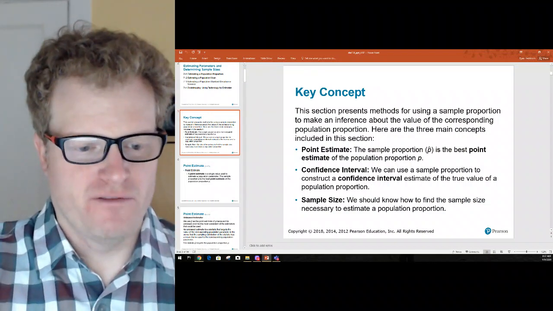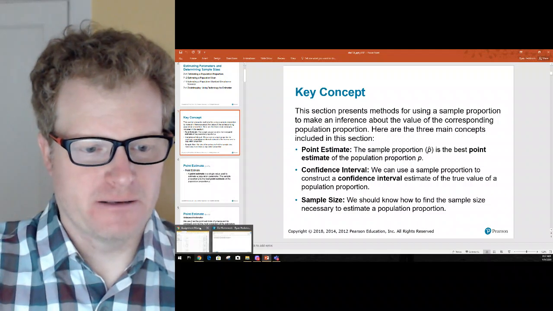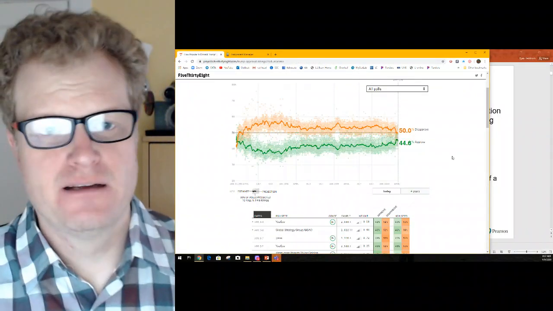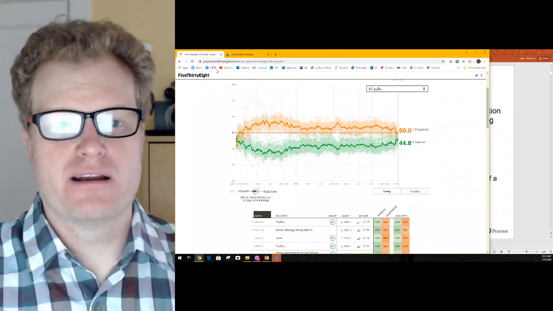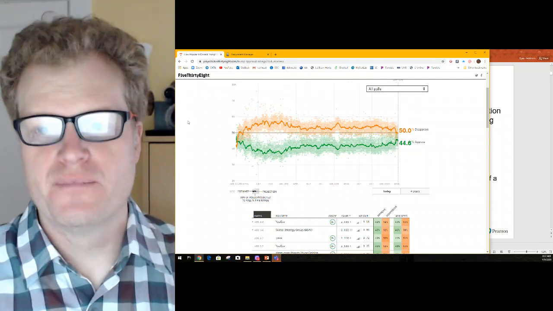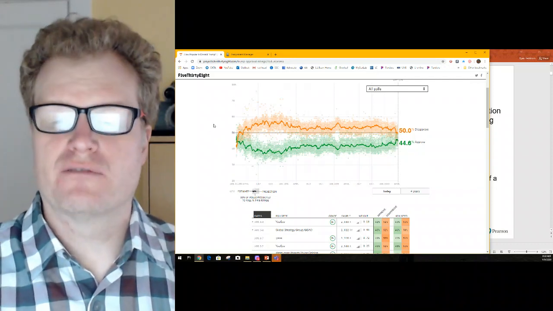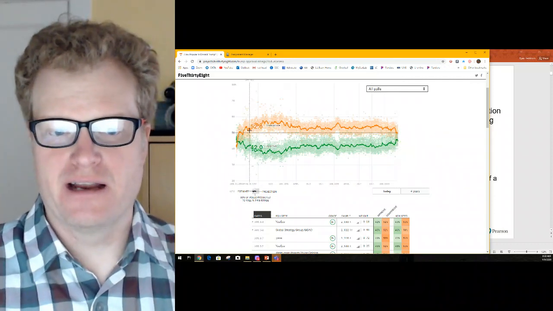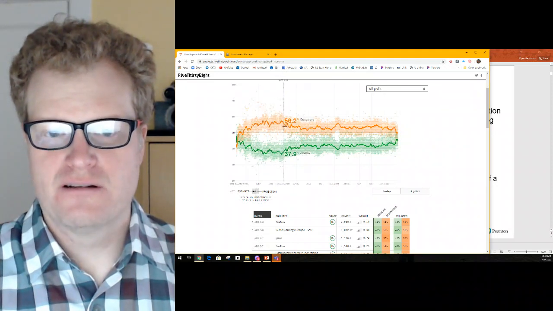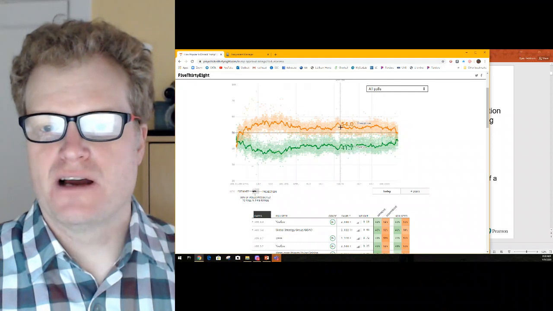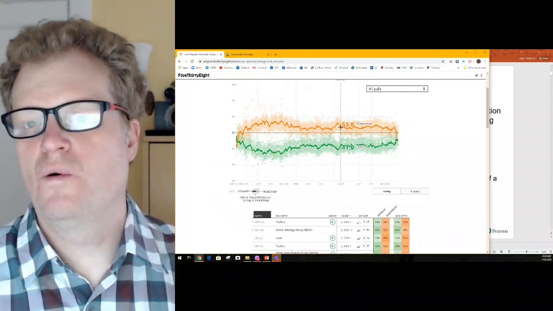Let me kind of give you a visual of what I'm talking about here. This is a website called 538, and you can go to 538.org or .com. And this is a current rating of Donald Trump's approval rating. And we can see that we have this thick orange line here. This thick orange line represents the actual point estimate.